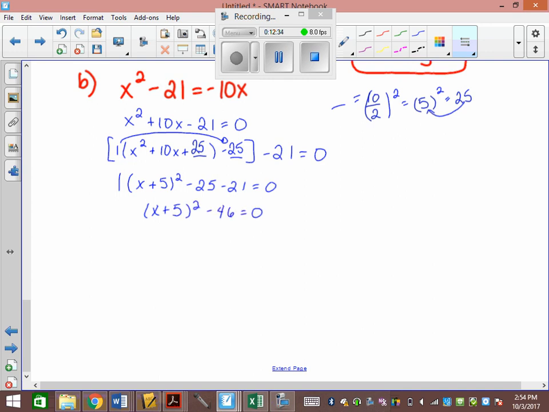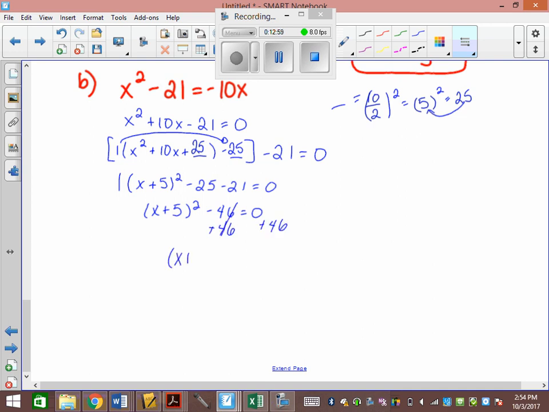Now, if I said put it into vertex form, you'd be done. If I asked you anything about the vertex, the axis of symmetry, the max, the min, the range, the domain, you'd be done, right? The only way we have to keep going is if I say what? Solve by completing the square. Okay, then I'd have to keep going. So I'm going to add the 46 over.